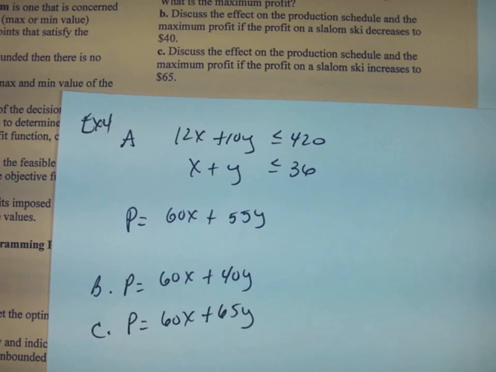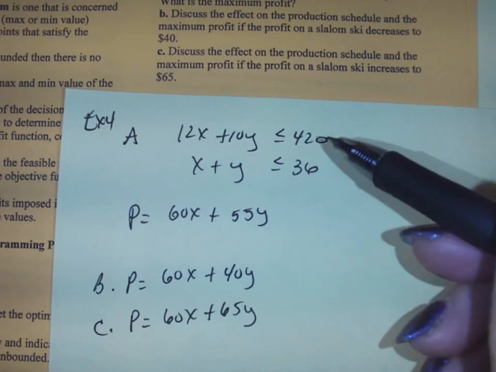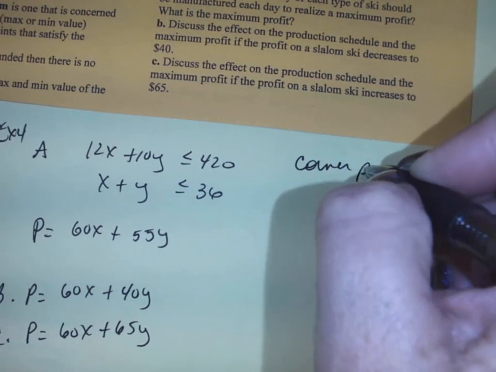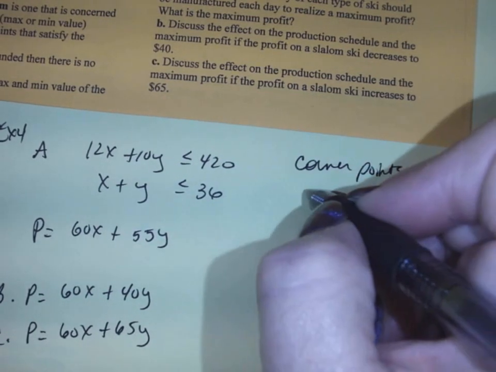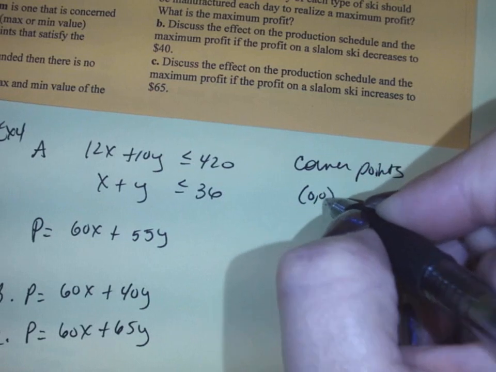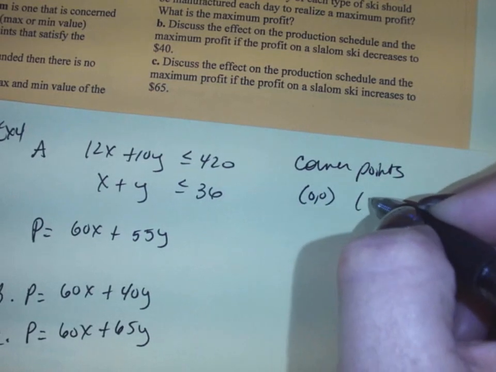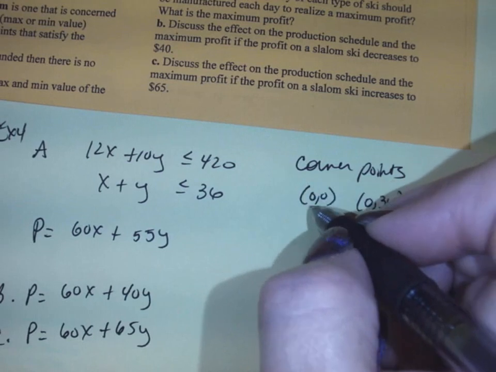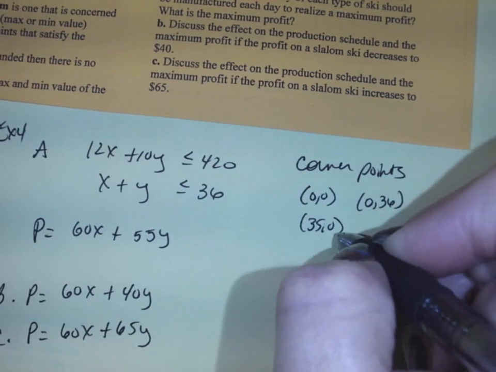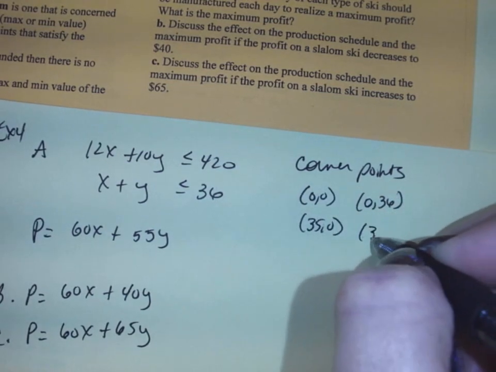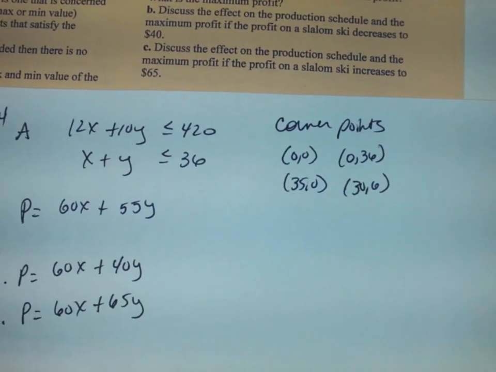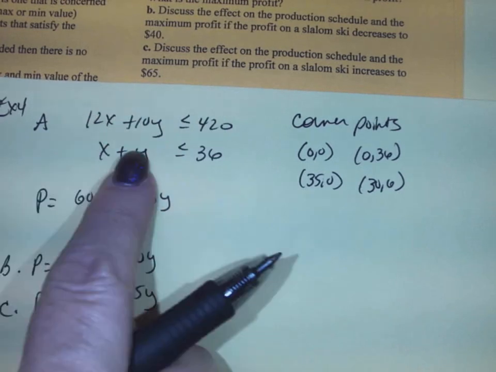And I can write down the corner points for you. So if you're looking to graph this, your corner points are 0, 0, 0, 36, 35, 0, and 36. So the corner points won't change because the equations don't change.